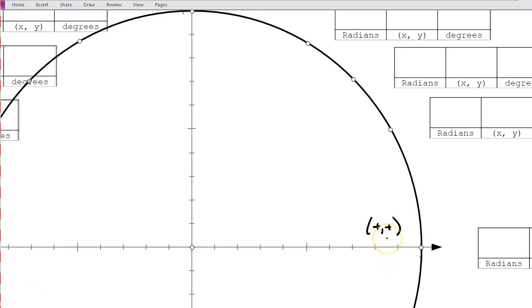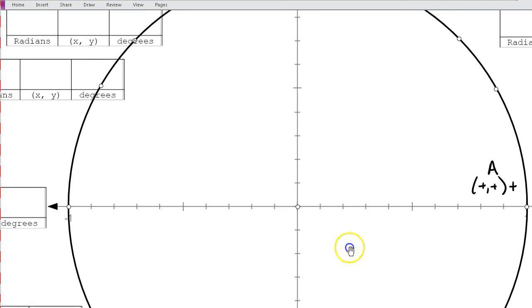So since we're using both of these values with division to find the tangent, and we'll talk more about that later, since these are both positive, the tangent would also be positive. So a lot of times what you'll see here is you'll see an A, and we'll associate this with the word all. So all the trig functions are positive in the first quadrant.